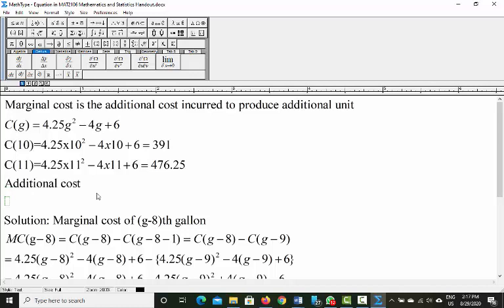So the additional cost to produce the 11th gallon of soybean oil is equal to what?